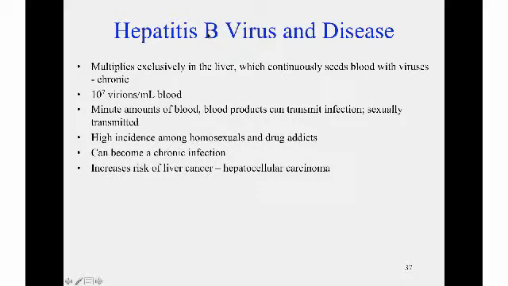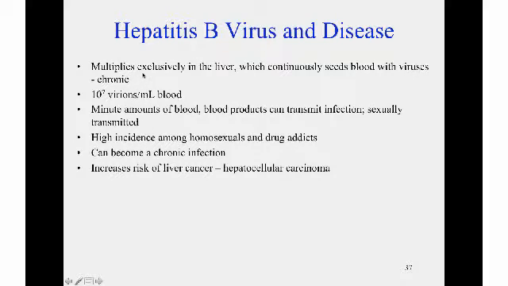And as far as Hep B specifically, there is a vaccine for this, but for those who are not protected, if they are exposed and high risk here, there is high incidence among homosexuals and drug addicts because it can spread via the blood. So blood products can transmit infection, also as an STD.